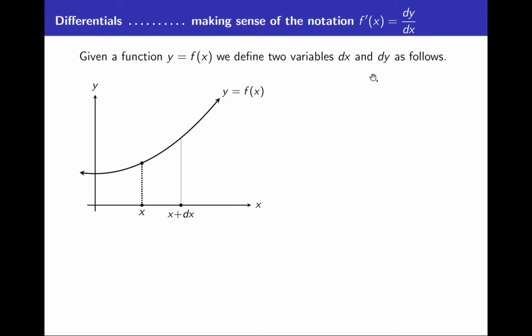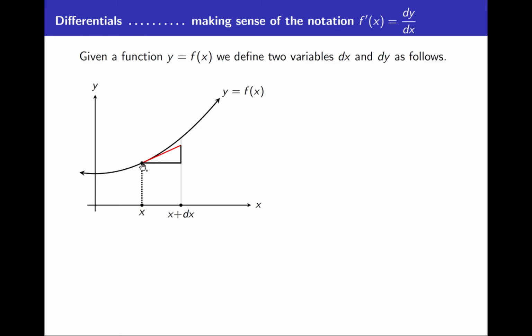What is dy? Here's how to define it. We're going to make a right triangle whose corner is right here at the point x, f of x, and whose hypotenuse is aligned with the tangent line to the graph of y equals f of x at that point, as illustrated.